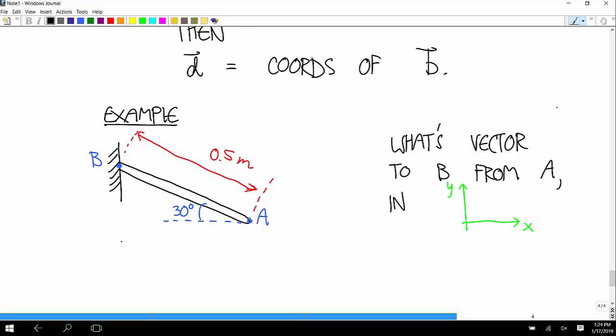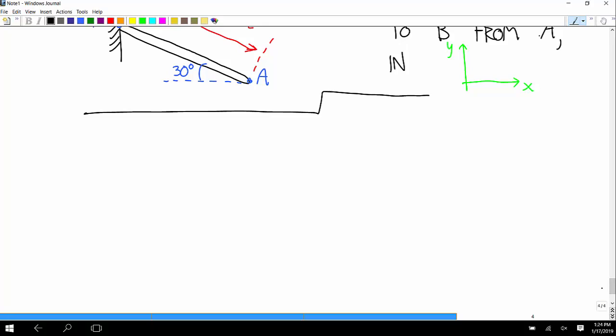So we're just going to imagine temporarily, we're just going to put the coordinate system at that point A. So this is A. This is B. This angle is 30 degrees.